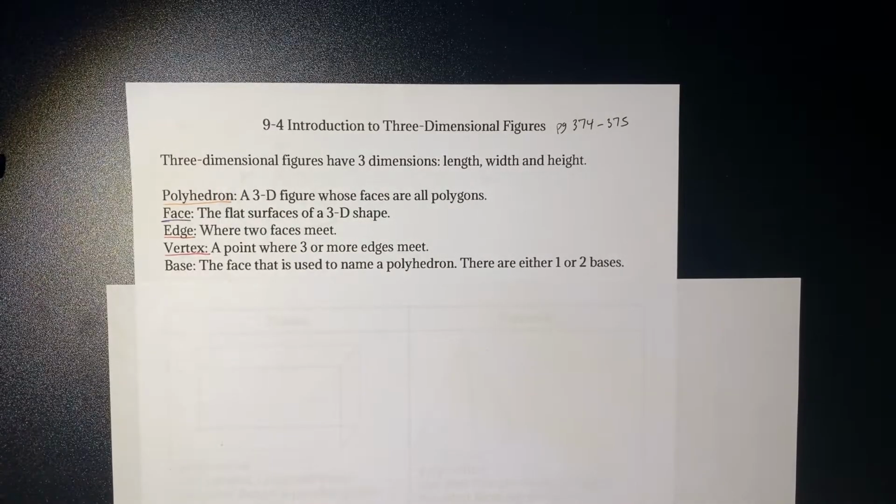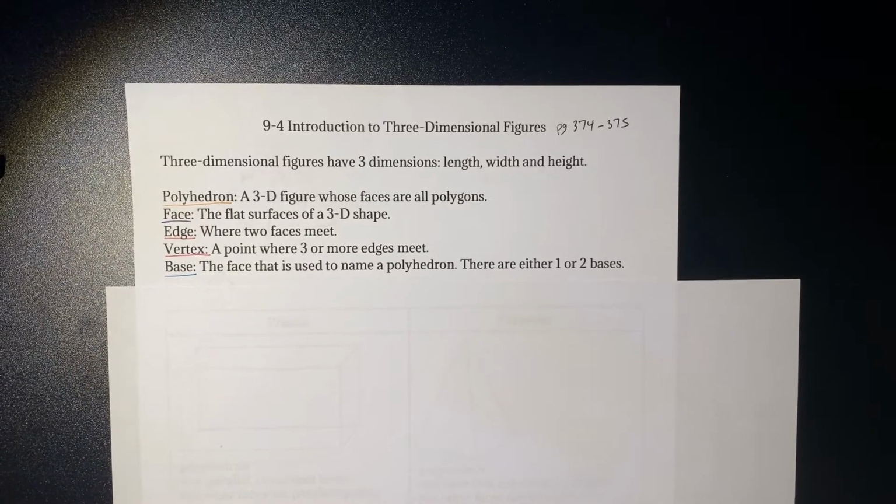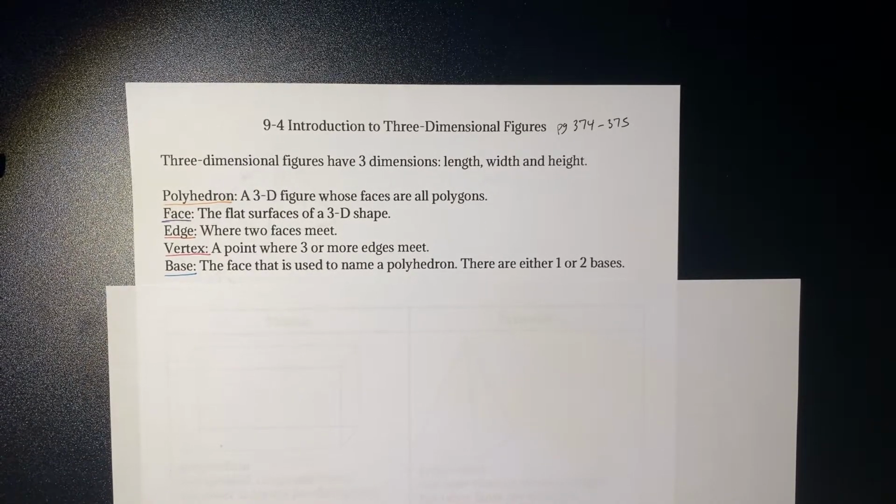And then a base. A base is the face that we use to name our polyhedrons. There are either 1 or 2 bases, and we'll talk about how you know how many bases there are and what they are.